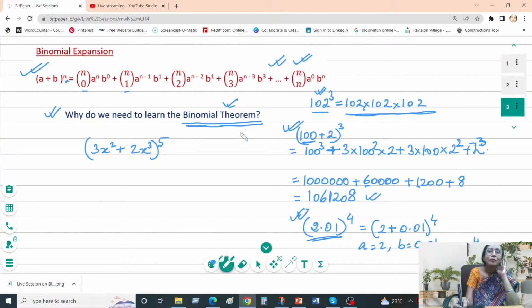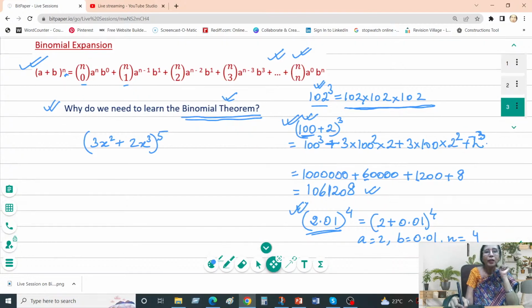Also, if you do not have a calculator, in case you have forgotten to take a calculator somewhere and you need to find the cube of some number, then you can use the binomial theorem. These are just arguments I'm giving to make you realize that this is not an irrelevant topic.